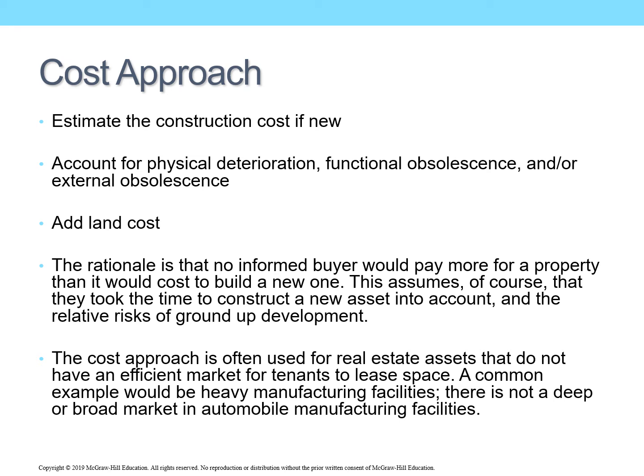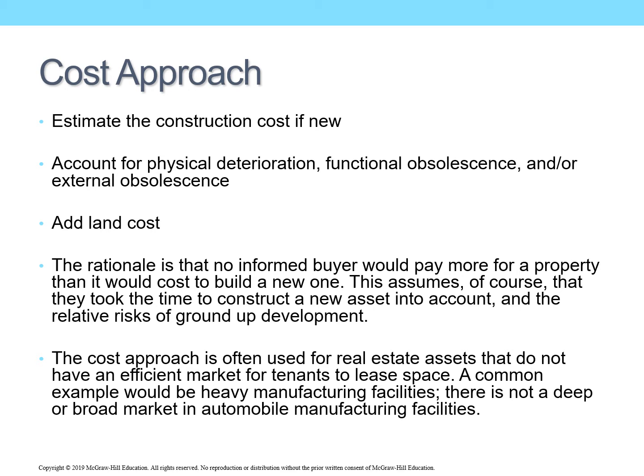Now we'll turn our attention to using the cost approach to estimate the value of a commercial property. Just as we apply the cost approach to single-family residential homes, the process is the same for commercial property. Estimate the construction costs of the improvement as if new.